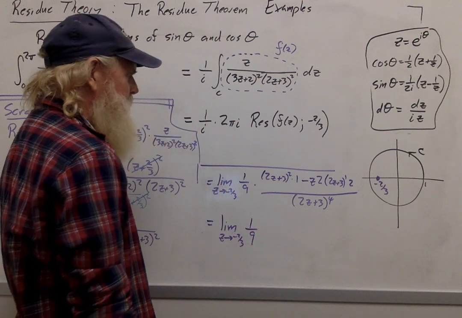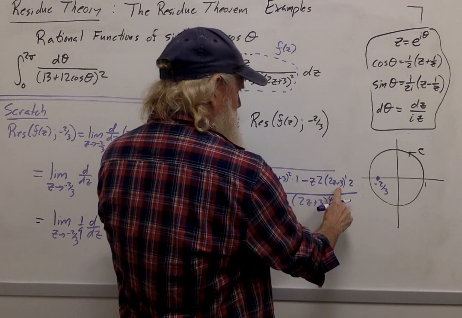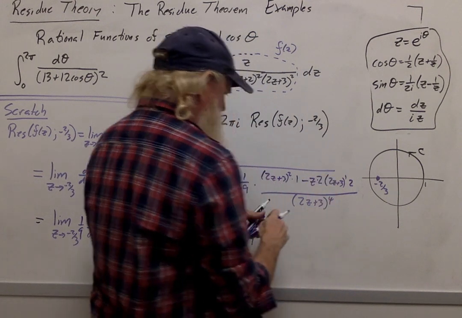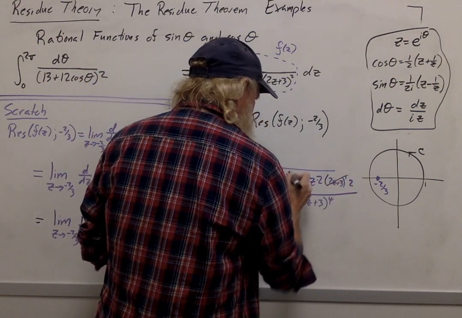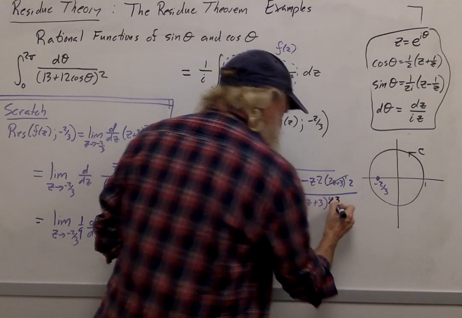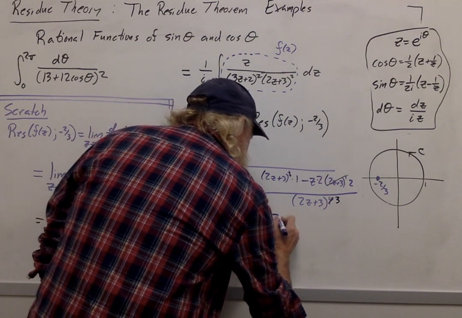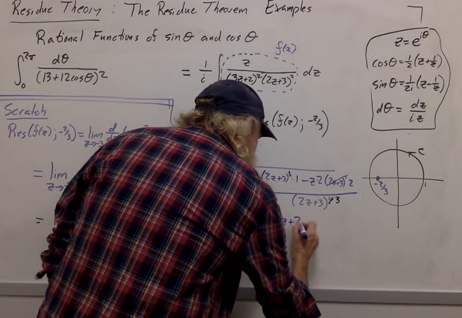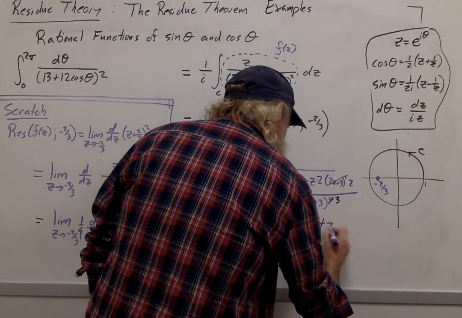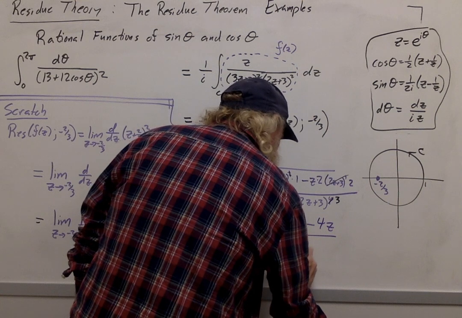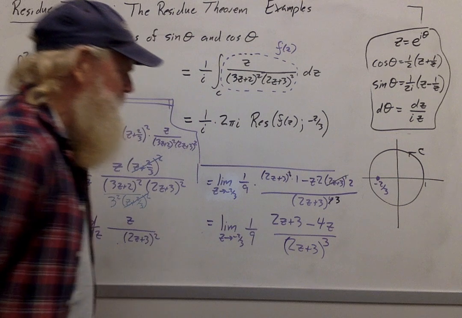We can simplify this a bit. Notice that I have a factor of 2z + 3 in each of the terms on top, as well as on the bottom. So I can cancel one of those from top and bottom. What I'm left with is 2z + 3 minus 2 times 2 times z, which is 4z, all over (2z + 3) cubed.